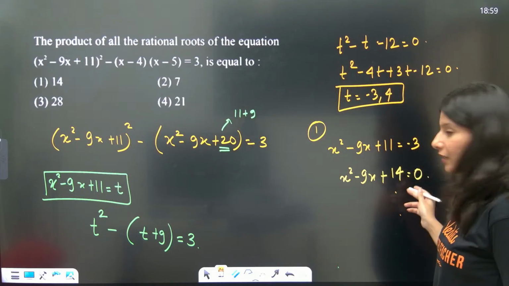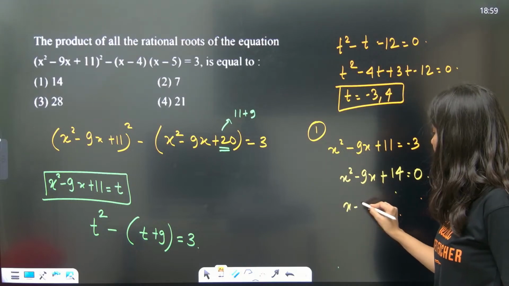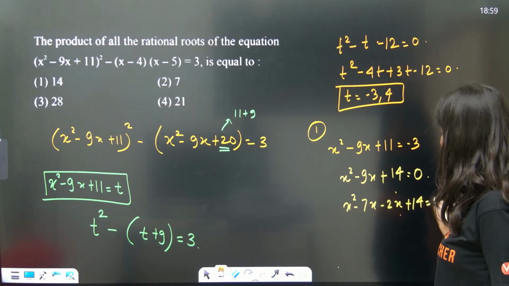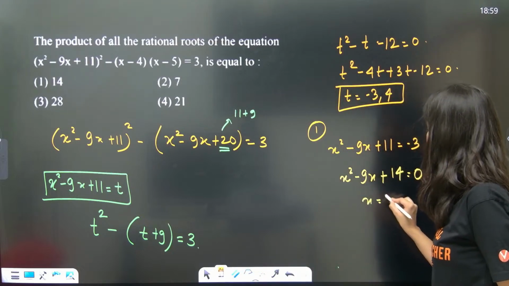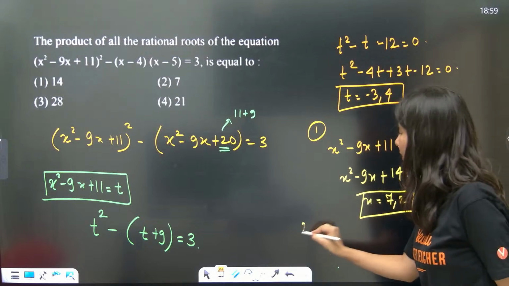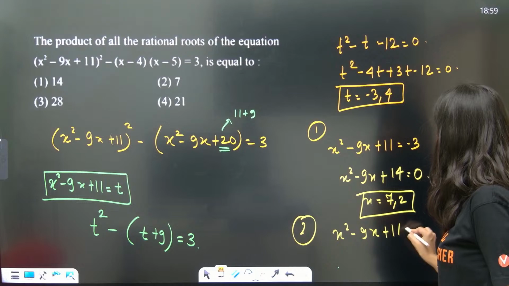Plus 14 equals 0, right? So x square minus 7x minus 2x plus 14 is equal to 0. Or rather, you can directly write x equals 7 comma 2 are the two solutions. Okay, 7 and 2. Now second case, when x square minus 9x plus 11 is 4.